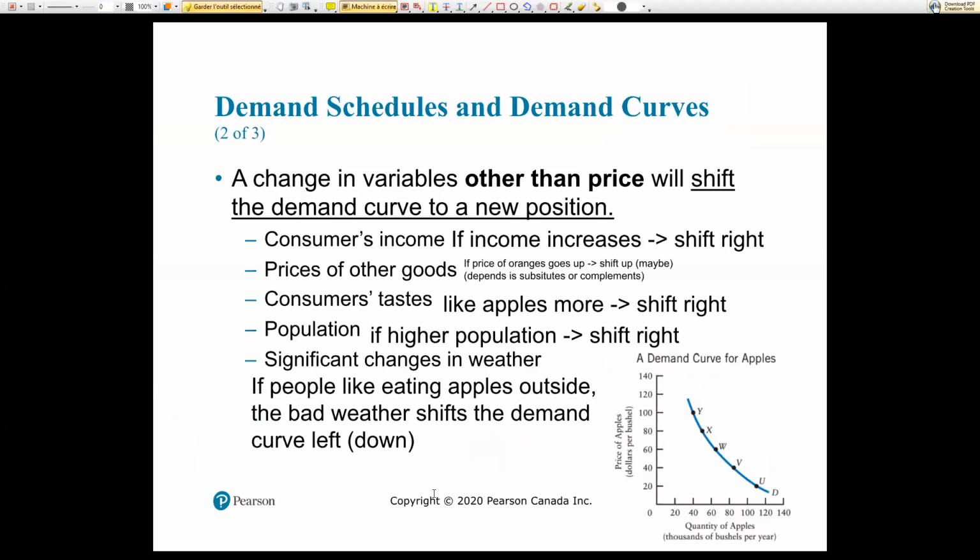Excuse me. Yeah. For population, I was asking because, for example, if the population increased, didn't that mean that the quantity demanded increased? So then it should be a change on the curve rather than a movement of the curve.